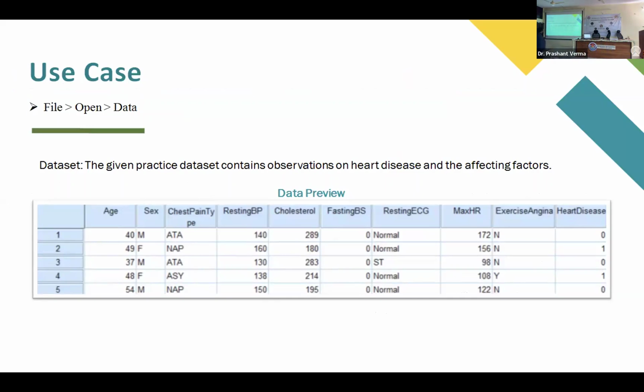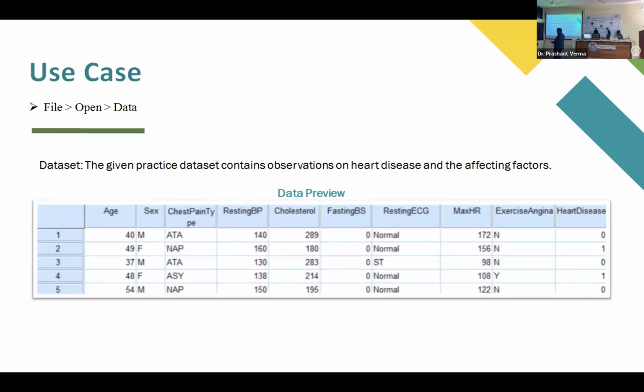So in this data, what do you think should be the outcome variable, or the target variable in this case? Heart disease.